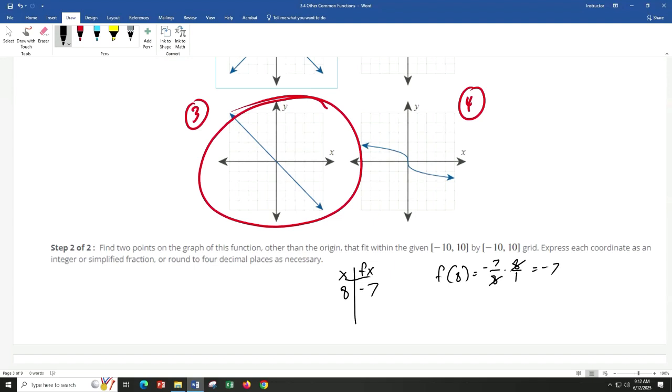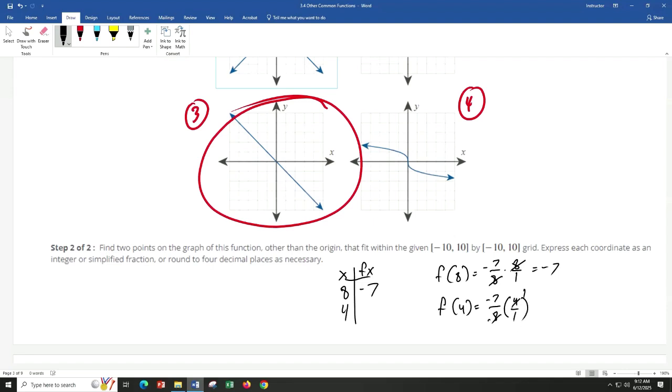I actually messed up on Haas because I don't read instructions very well sometimes, and I put, hey, 16 will work really nice. Well, yeah, it does. It works great, but it's not graphable on that graph. Okay, so I came here and I used 4. So f of 4 is equal to negative 7 over 8 again, times 4 over 1.